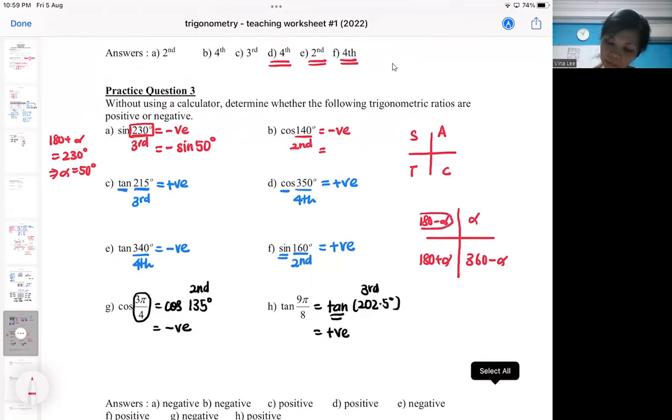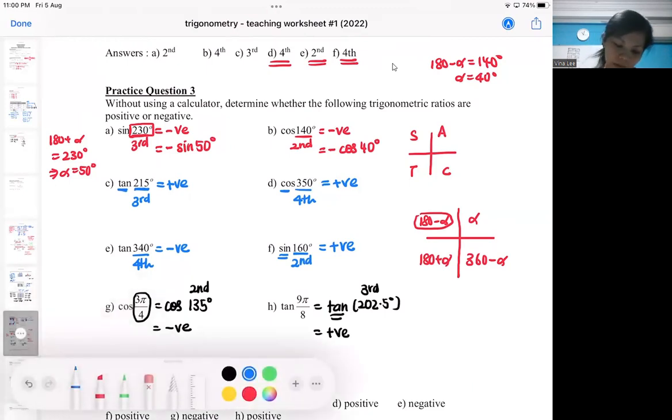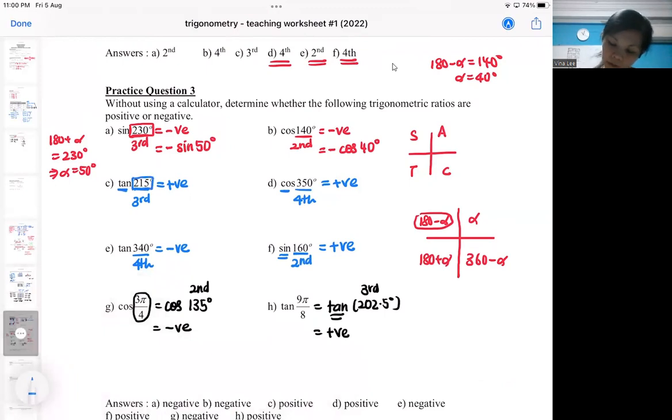You use this one: 180 minus alpha equals 140. My alpha is 40. So this is negative cosine 40. After we know the plus minus, we add on the idea of basic angle. So 215 is third quadrant. Take the third quadrant, 180 plus alpha equals 215. You will get 35. So this will be tangent 35.